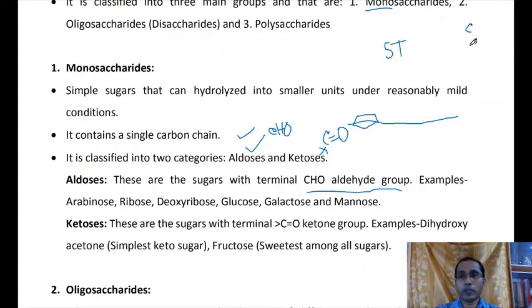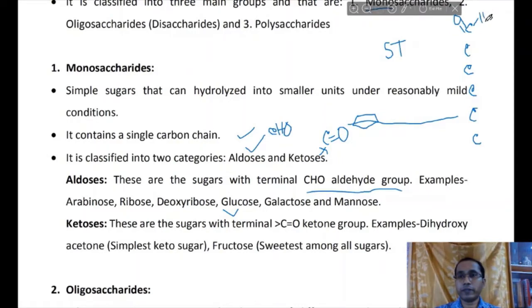Suppose C1, C2, C3, this is a hexose sugar, C4, C5 and C6, six carbon atoms. At the terminal carbon, if it is aldose, suppose this is glucose, aldehyde, it should have CHO, that means aldehyde group.